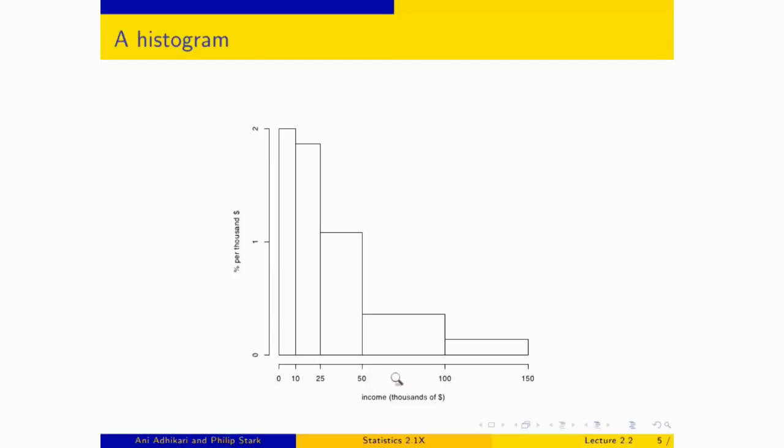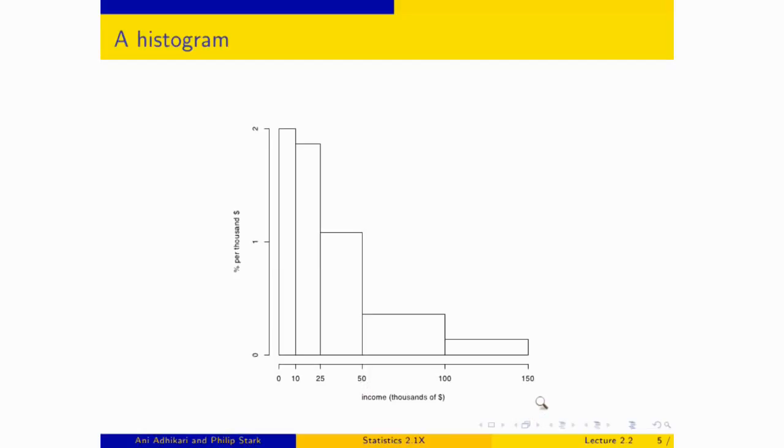And second, because as you have intervals over bigger and bigger incomes, the amount of data is quite small. And so maybe you don't want all that detail about exactly how many earned between 100 and 110,000. So this diagram gives you the flexibility to choose your intervals as you find convenient.